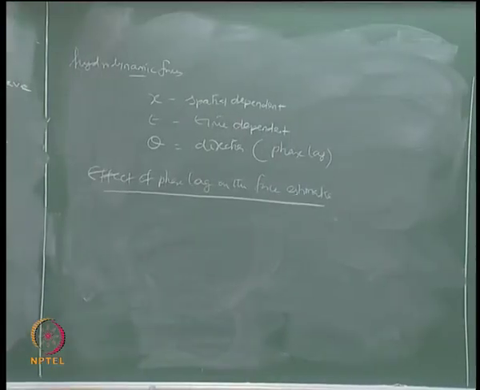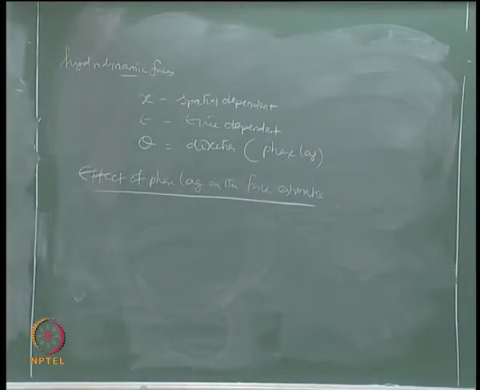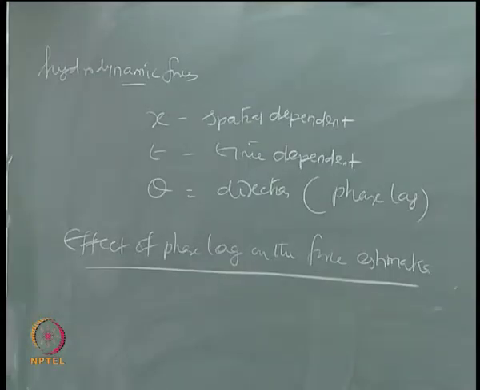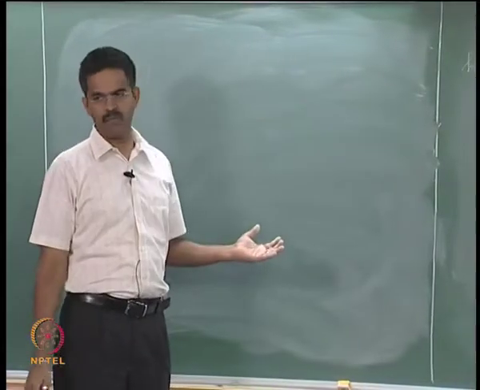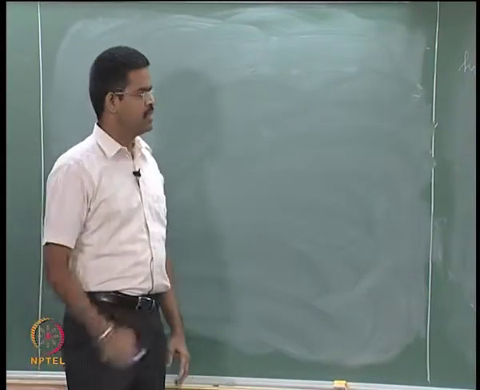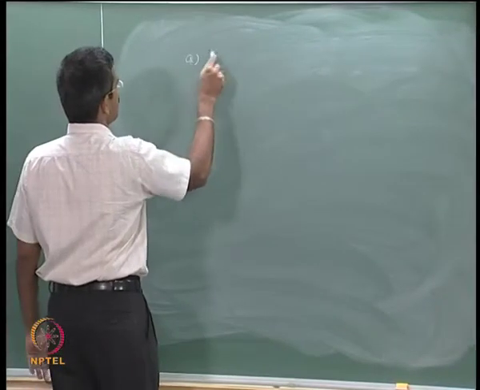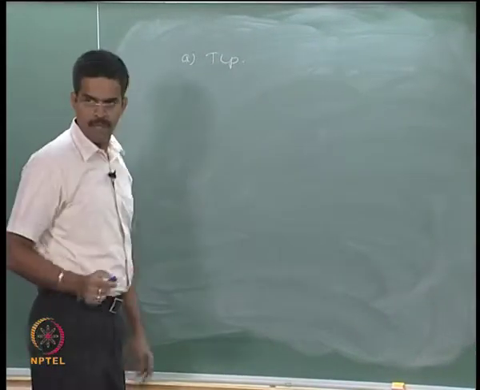We will take an example and see what happens to the phase lag. In the last lectures, we discussed different geometric forms of offshore platforms or marine structures. Let us, for example, pick up a case of a TLP.